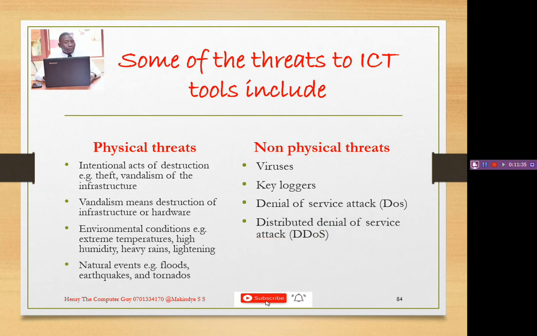Let's continue. We have another one which is called the distributed denial of service attack, which is the DDoS. Here, large or multiple numbers of computerized systems attack a single target or system. For example, if hackers want to bring down a system, they launch an attack from many computers called zombies to attack only one computer.